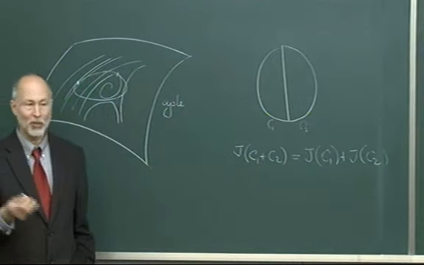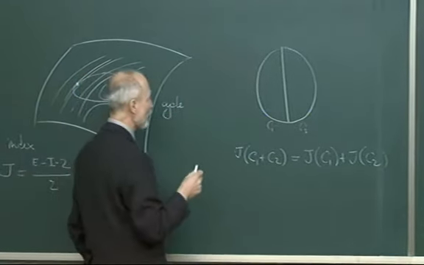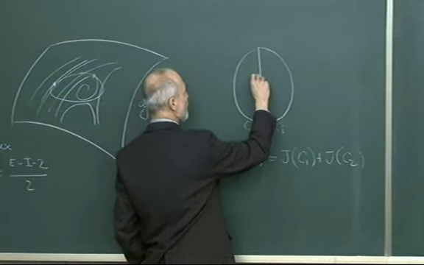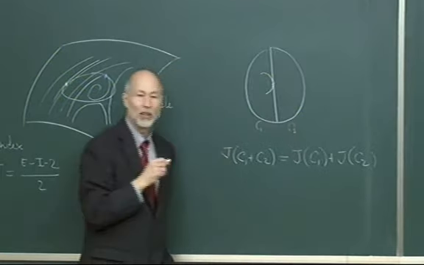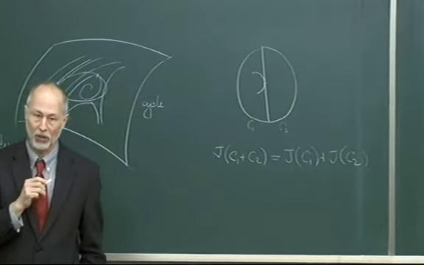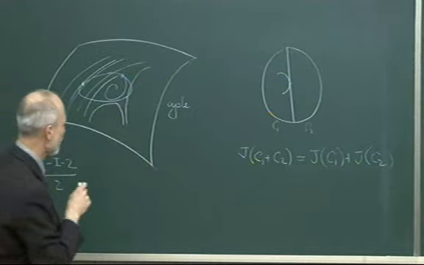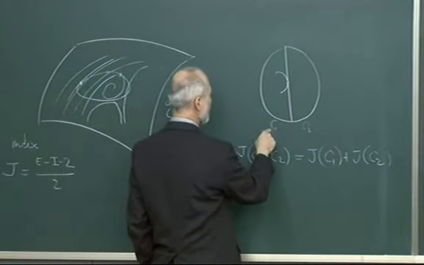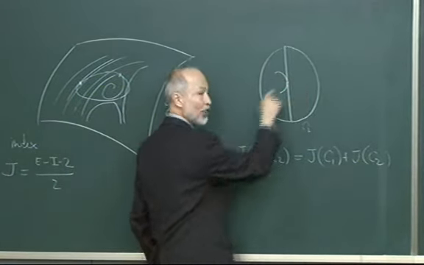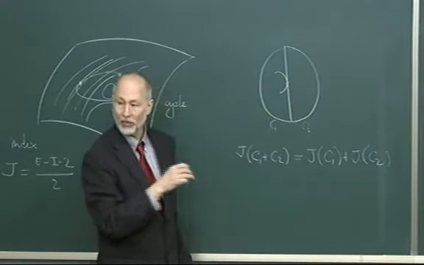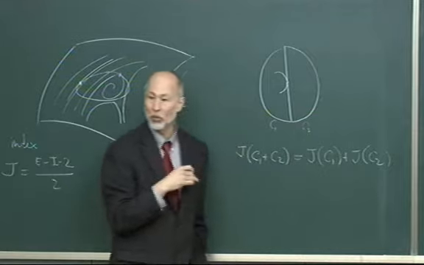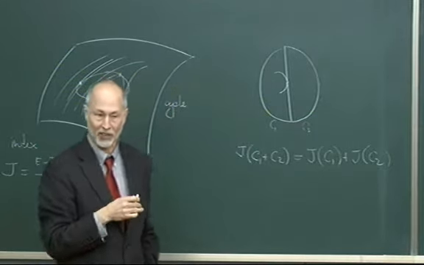So let me make the argument that in fact this holds. Notice, for example, if I have an interior point for cycle 1, then that interior point represents an exterior point for cycle 2, and so in this sum they will cancel each other out.